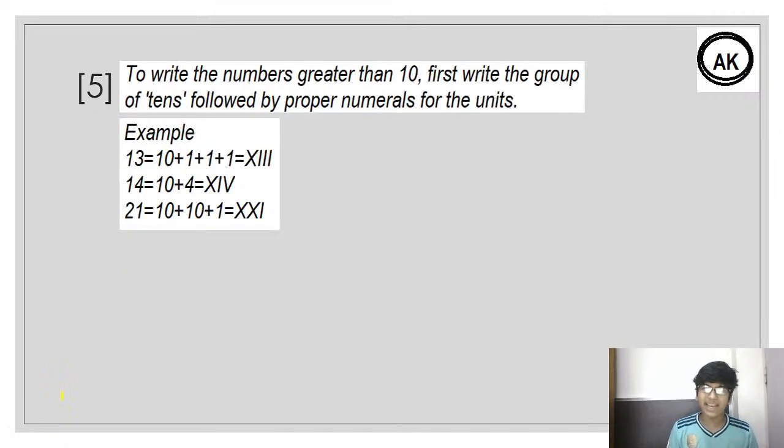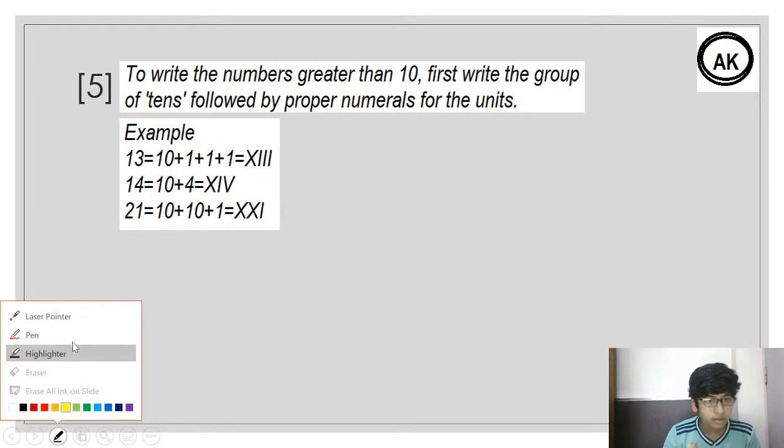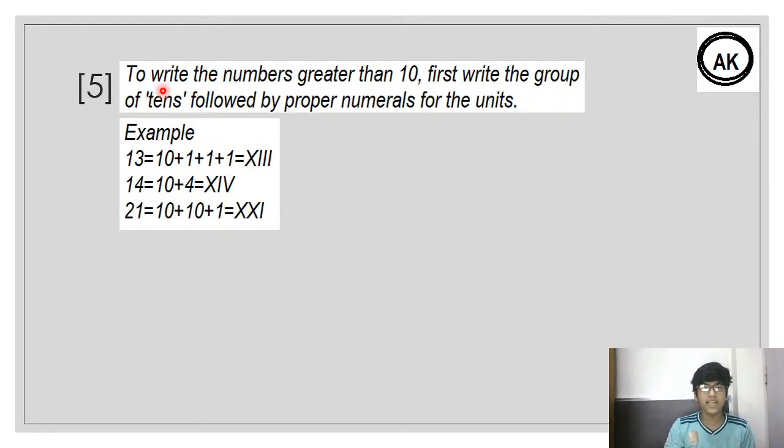So rule number 5, I guess this is the last rule we are going to study today. What does this rule tell us? To write the numbers greater than 10, listen children carefully.